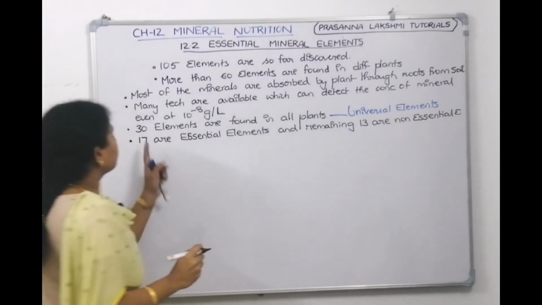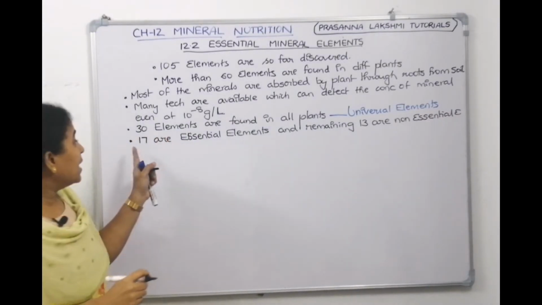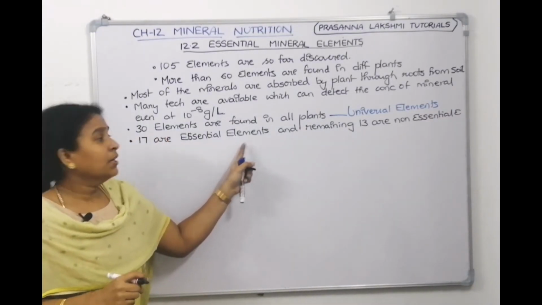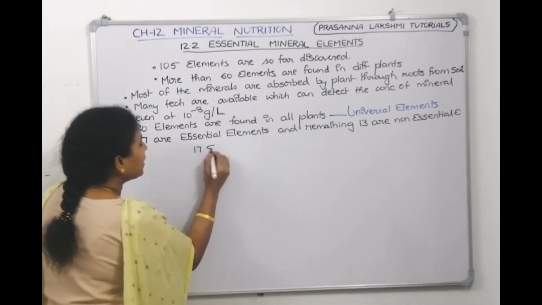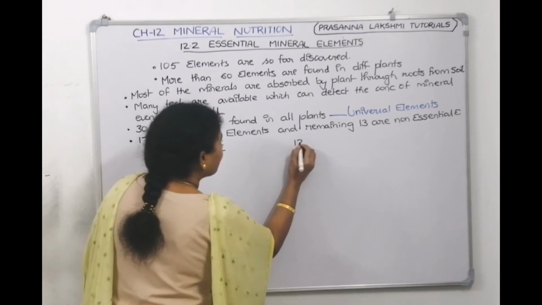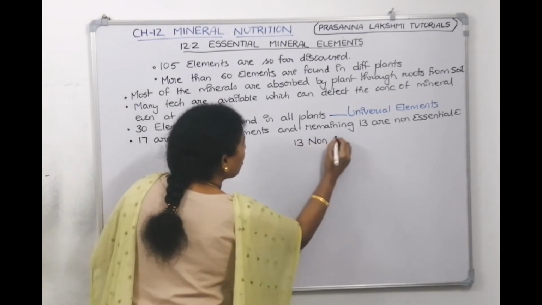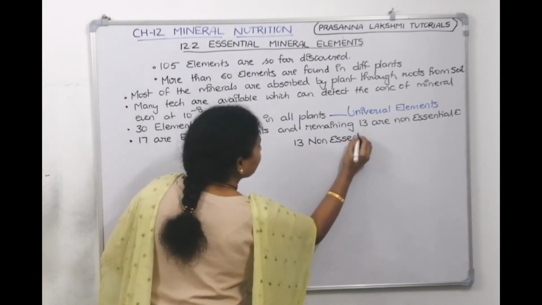Right, children? So 30 are there. In that 30, 17 are essential elements, 13 are non-essential elements. So what do we mean by 17 essential elements, and what do we mean by 13 non-essential elements?